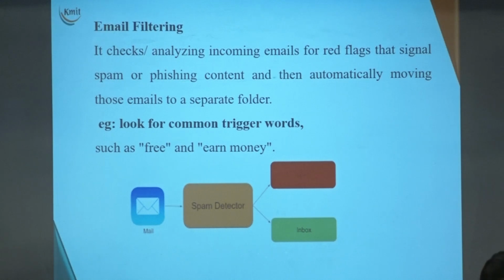Spam or non-spam. How does it do that? It is also an NLP application. All the texts go through the inbuilt NLP model of your Gmail or whatever mail you are using, and it tries to classify them as spam or non-spam. Spam goes to the spam folder, non-spam comes to your inbox. How is it possible? Through this NLP model only.